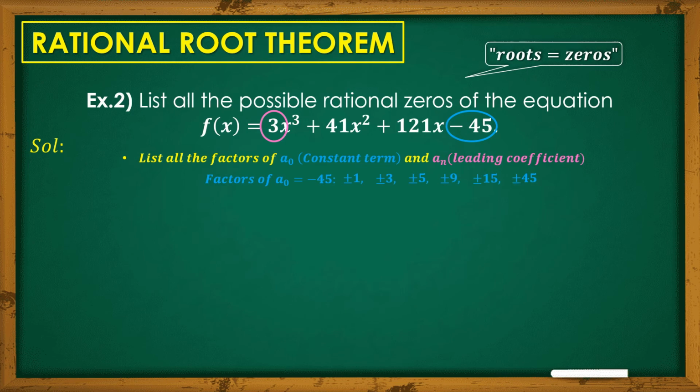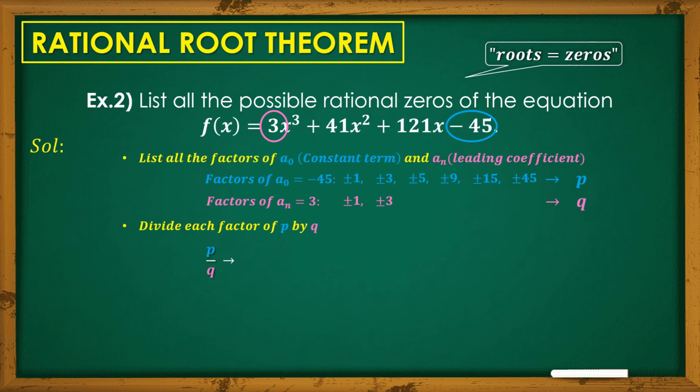Take note, these are positive and negative values. These are the values of p. And the factors of 3 or our leading coefficient are 1 and 3. These are the values of q. Next, we divide each factor of p by q to get our fractions, p over q.